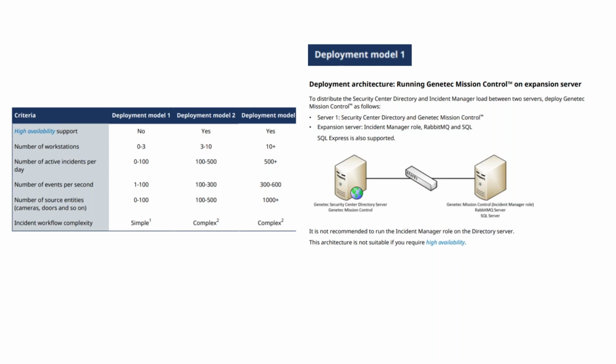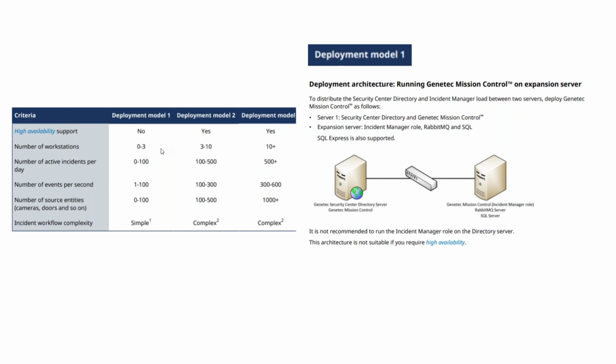I'm going to give you an example of those guidelines just to give you an idea. I have multiple types of deployment. Model 1 is a simple deployment with a directory on one machine and Mission Control. If you look at the left side, there's a limit on how many workstations, how many incidents, how many events per second you can handle.